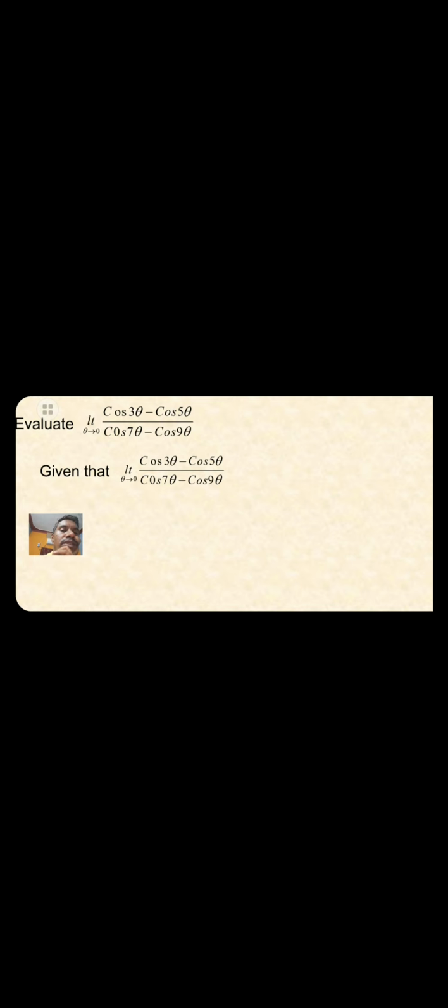By observing numerator and denominator, we can apply the transformation formulas of trigonometric functions. They look like the cos C minus cos D formula. We know what the formula is.